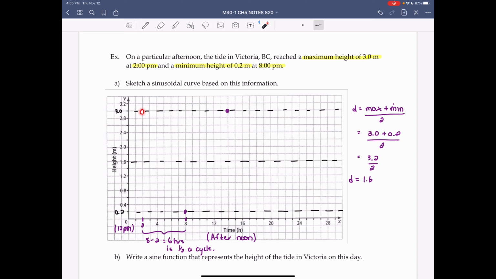There's 6 hours between the first max and min, so 3 hours would be halfway in between them. So at 3 hours after the first max, I'm going to have a point on the midline.